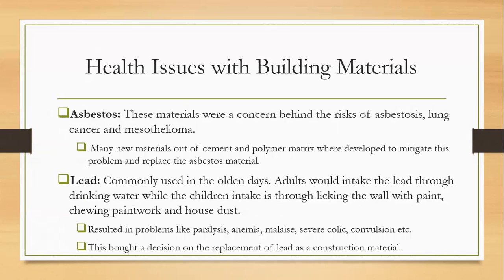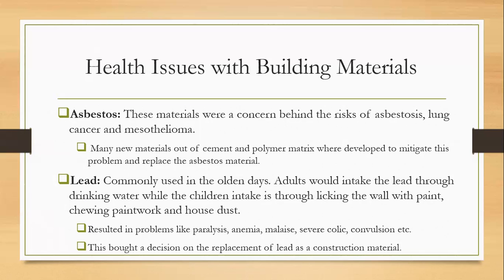Okay, then there's exposure to asbestos. These materials were a concern behind the risk of asbestosis, lung cancer, and mesothelioma. So many new materials, out of cement and polymer matrix, different types of plastics, were developed to mitigate this problem and to replace the asbestos material, so it's not used as much.